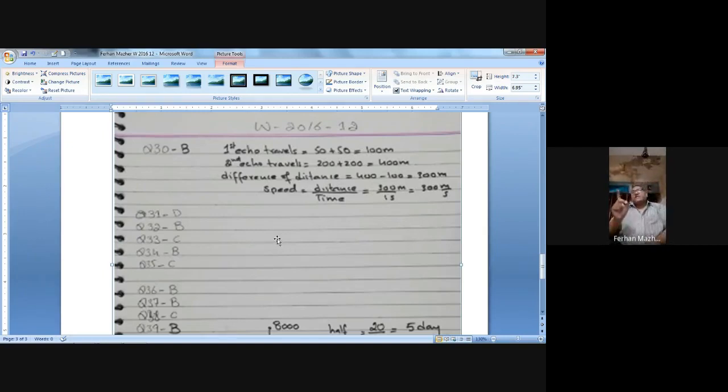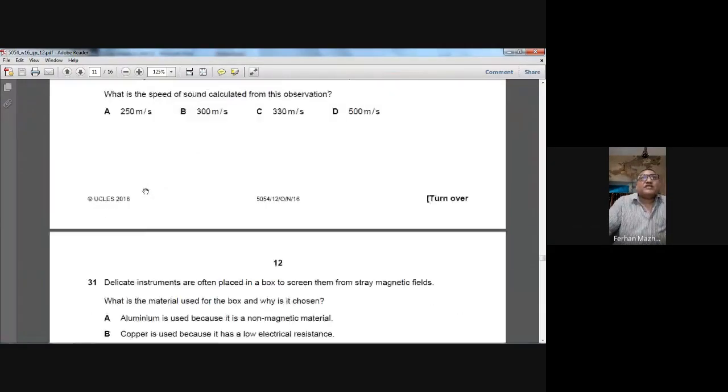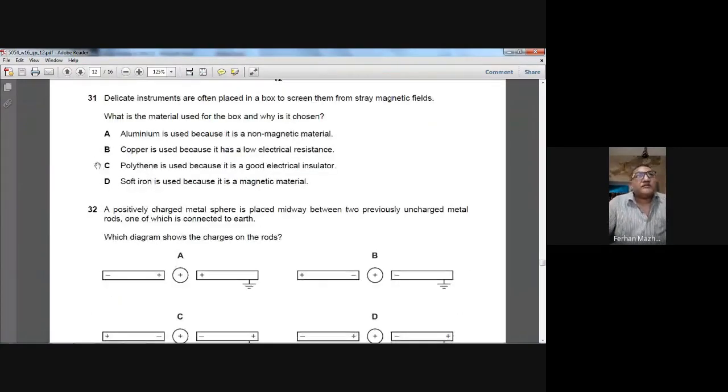And the time difference between both echoes is 1 second. So the speed is 300 meters divided by 1 second, equals 300 meters per second. So the choice is B. I hope you understand this. Okay, so the choice is B, 300 meters per second, for question number 30. So we are moving to the next question, question number 31.